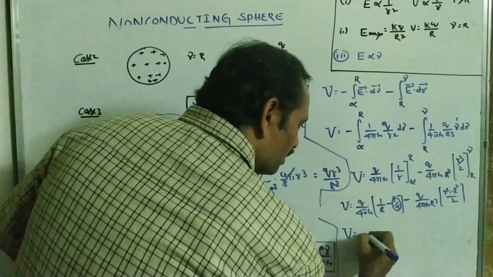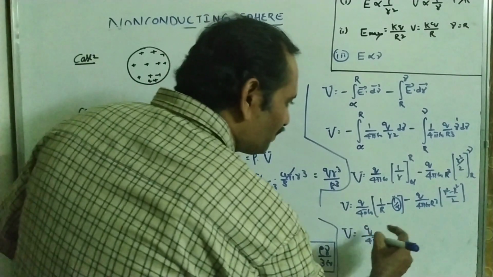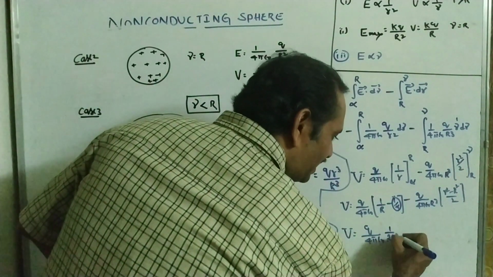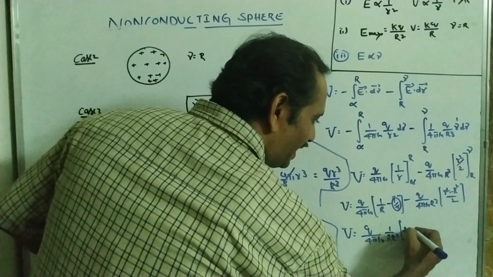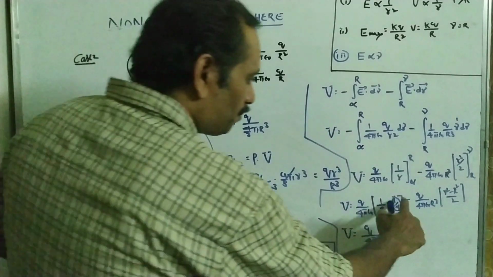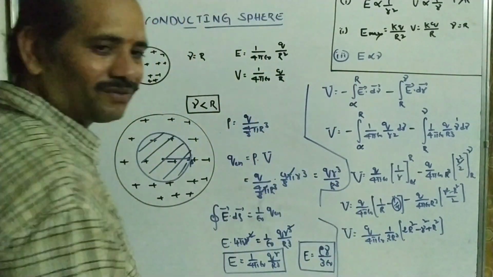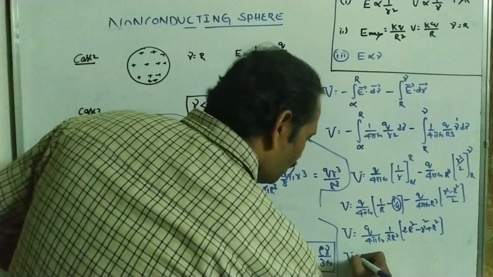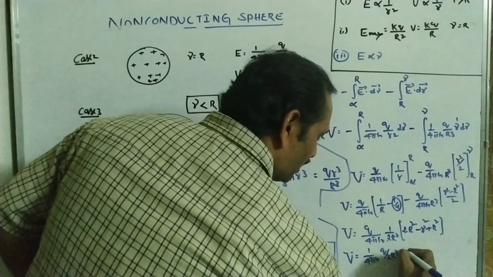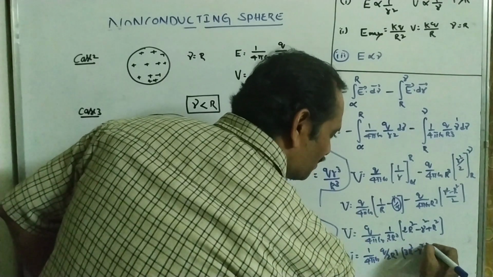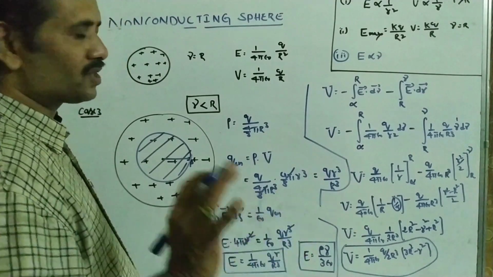V equals q by 4 pi epsilon 0, taking 1 by 2R cube common, I have to multiply 2R square, plus and minus, minus r square plus R square. So the conclusion is V equals 1 by 4 pi epsilon 0 q by 2R cube into 3R square minus small r square, the potential inside the Gaussian surface.